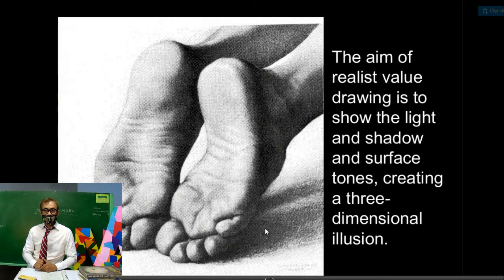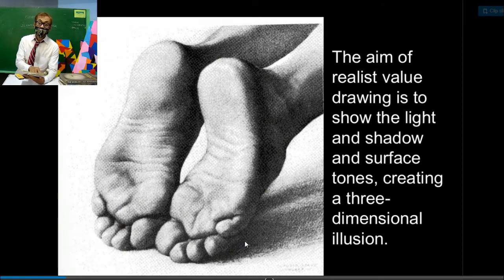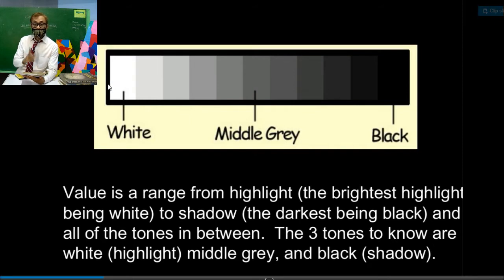Sa pagdrawing or sa pagdibuho ng ganito ay gagamit ng eksaktong tonal values from light going to lighter shades and then to the shades of gray and the medium tone of black and then going to the darkest value, so that we can make a very good dimensional, make that three-dimensional illusion. So example here we have a value from white and then going to the middle gray and black.